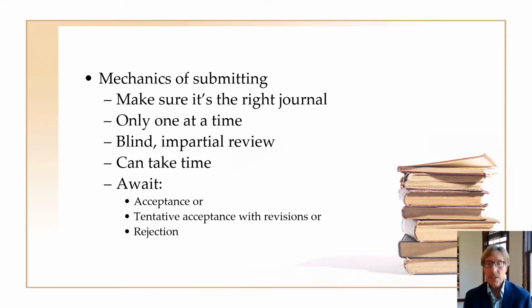If they see that you're from the same university that's their alma mater, they might have a little bit more of a bias to want to accept your paper than if they had not known what university you came from, or vice versa. If you're from Harvard and it's someone reviewing from Yale, there could be a bias that they might look at your article with a little bit more of a jaundiced eye. So blind, impartial peer review is really the best way to go about doing this.